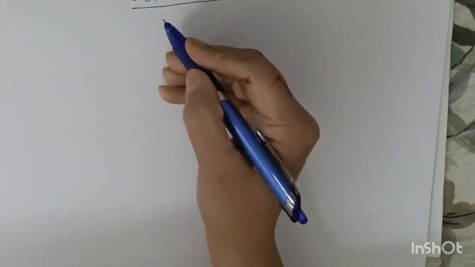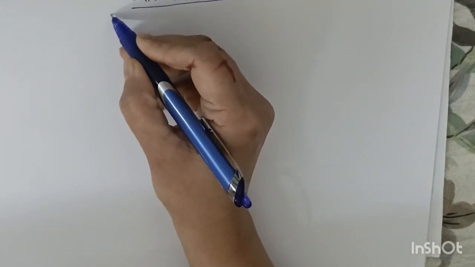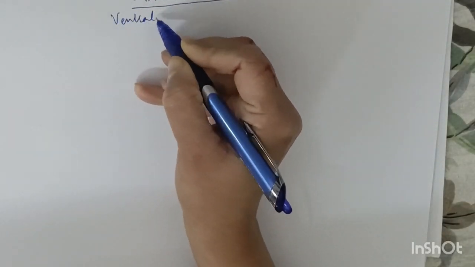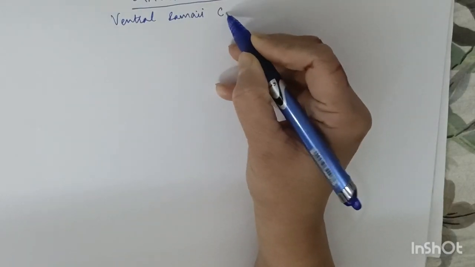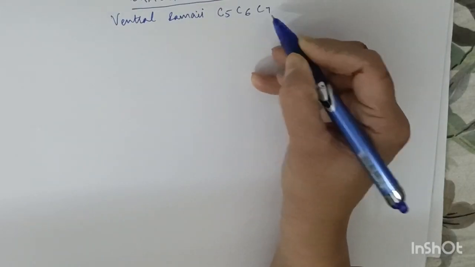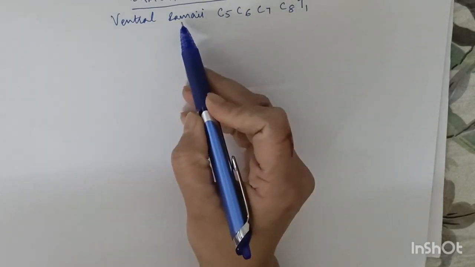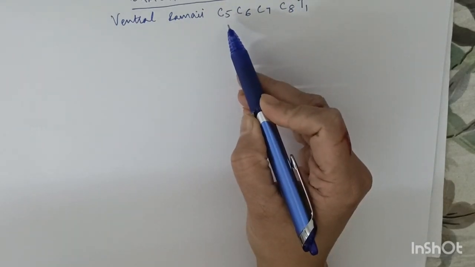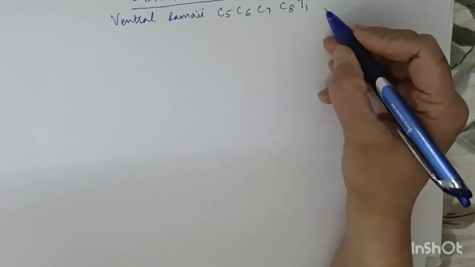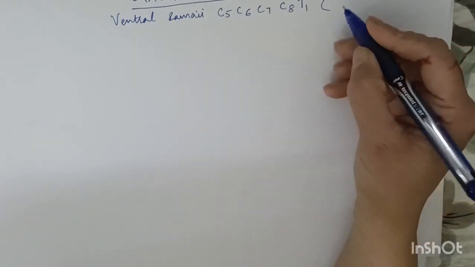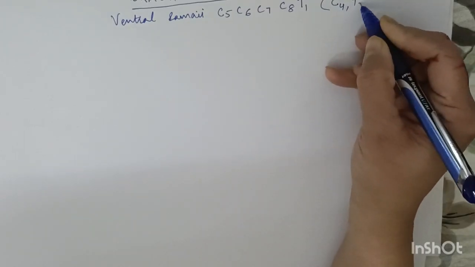We all know the brachial plexus arises from the ventral rami of spinal nerve roots C5, C6, C7, C8, T1 in 90% of cases, keeping in consideration the variation of C4 and T2.